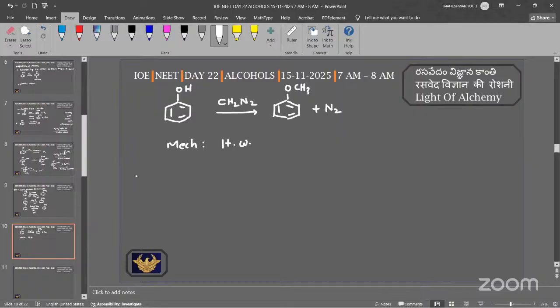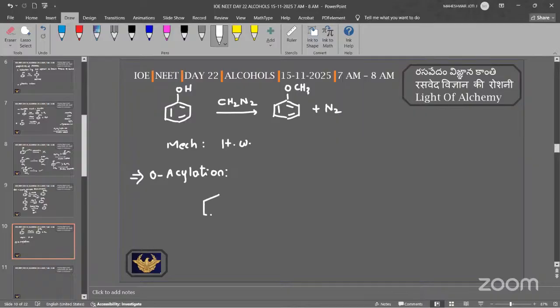Next, O acylation reactions. What are the reagents we have used for acylation? Or in general, what are the acylating reagents? Acid chloride. Another one is acid anhydride, right?